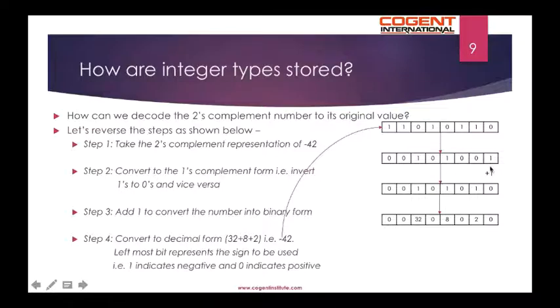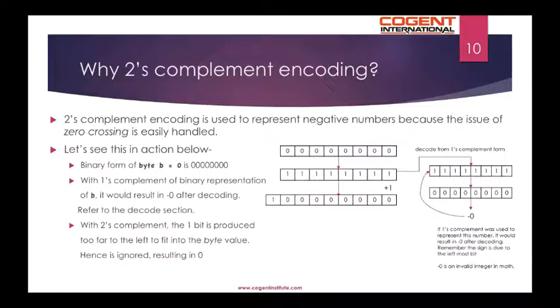Once we add 1 to the 1's complement, we get this representation, which is 00101010. So if we take the product of their place values, we get 32 plus 8 plus 2, which is 42, and the most significant bit is 1, so it is minus 42.